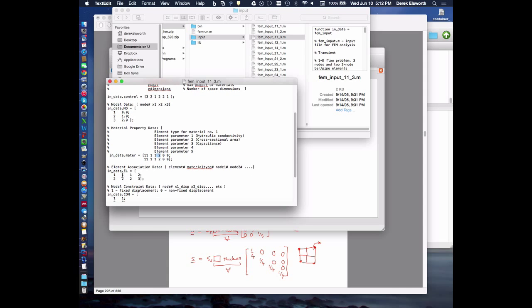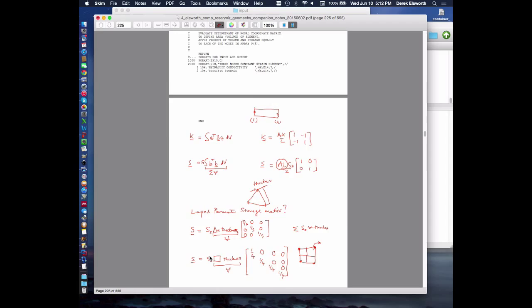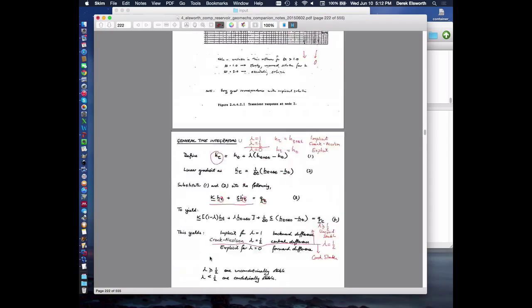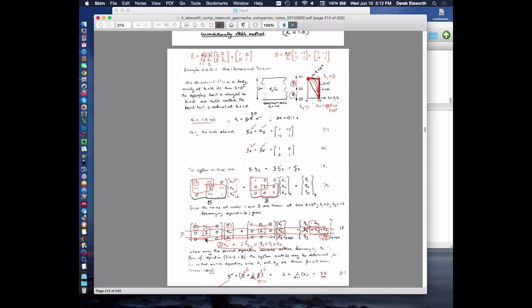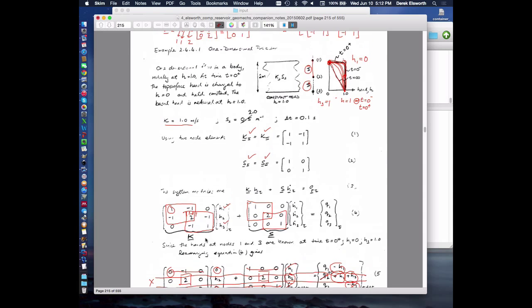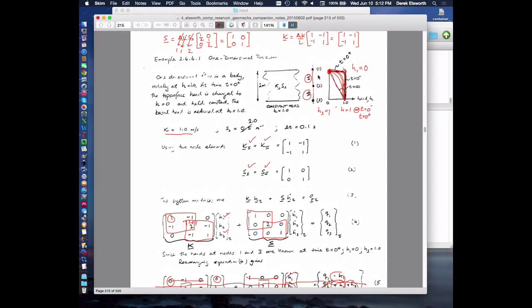The element associations were, if I draw it in the background, remember what it was? Well, the geometry was shown in this figure. So what would this be? This is element number 1 and node 1 and 2, element number 2 and local node 1 and 2.